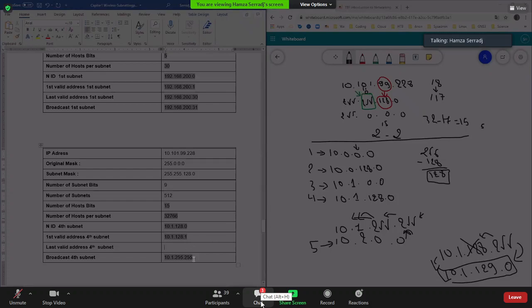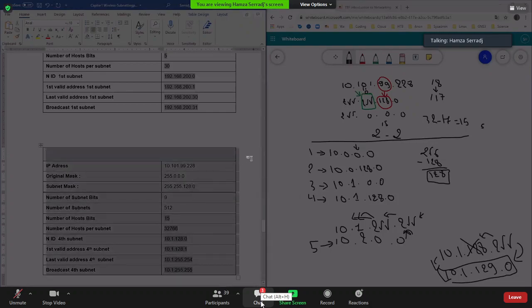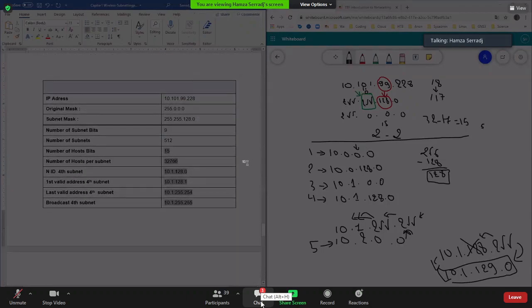And since I know the broadcast, this one minus 1 is easy, right? It's 10.1.255.254. Okay, so this is all the subnets that we have on this exercise.